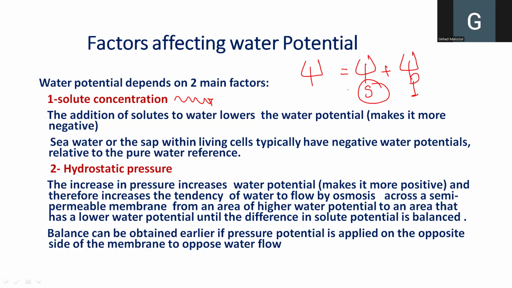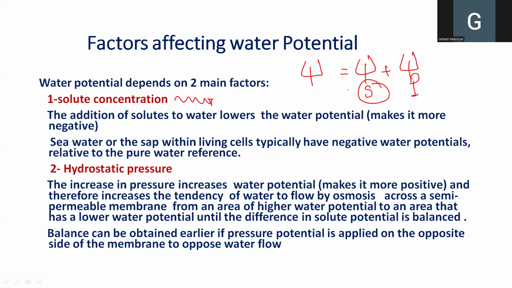By convention, and does that convention arise from nowhere? No, it arises from the fact that the more solute particles you add, the more attraction force occurs and limits the movement of water. So seawater, or the sap within the cell vacuoles, because it's nothing but water with dissolved salts, will have a negative water potential because they act like solutions, unlike pure water.